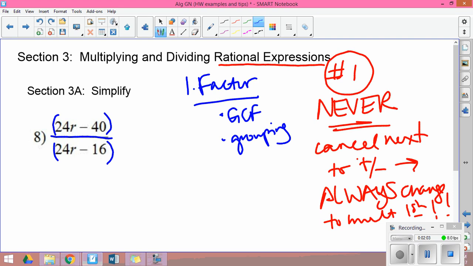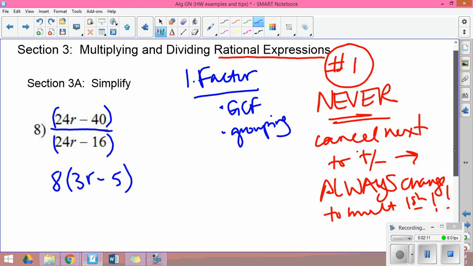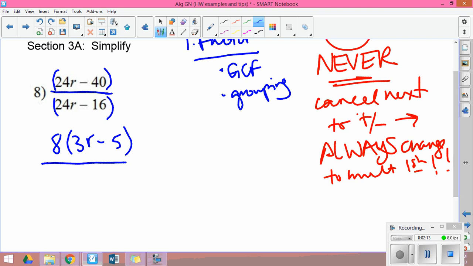In 24r minus 40, my greatest common factor is an 8, and that leaves me 3r minus 5. In the bottom, I also have a greatest common factor of 8, and that leaves me 3r minus 2. And we pull those out by division. Now that I've changed it to multiplication, 8 divided by 8 is 1, so that cancels.